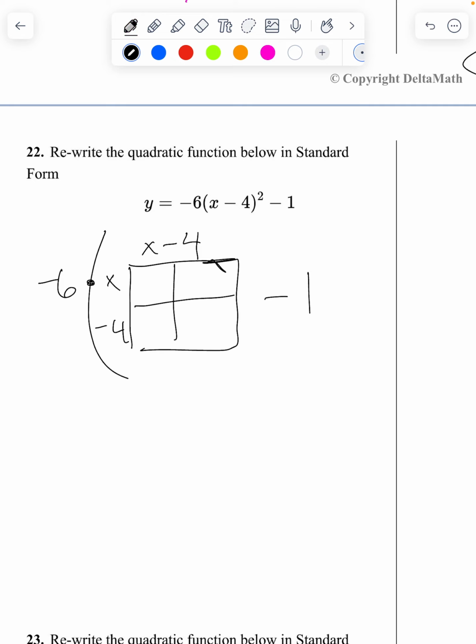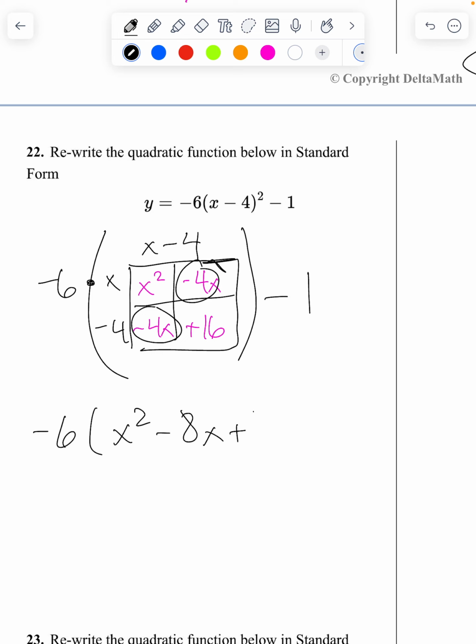This is kind of the tricky part, the part inside. x times x is x squared minus 4x minus 4x plus 16. So negative 6 times x squared minus 8x plus 16, and then minus 1.